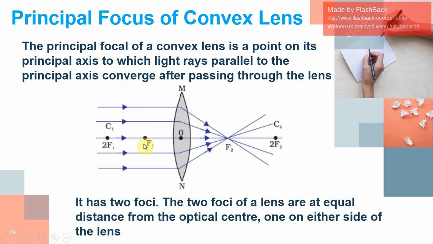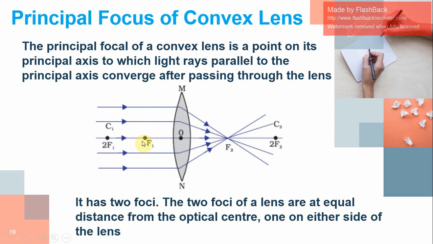So all the parallel rays are converged at F2. In this case light comes from the left. In another case, light comes from the right, and in that situation light converges at F1.